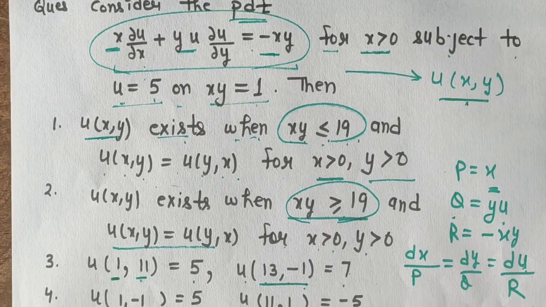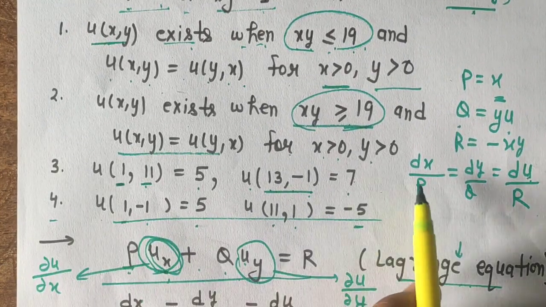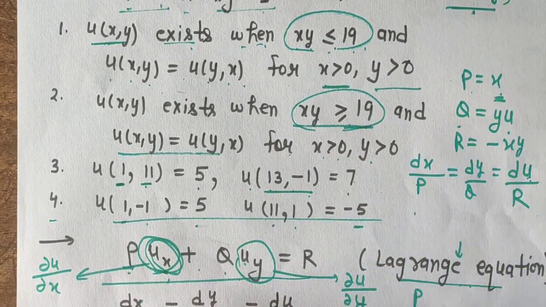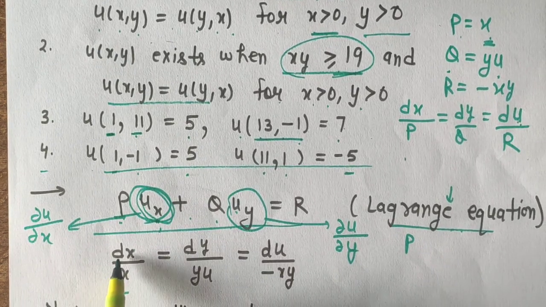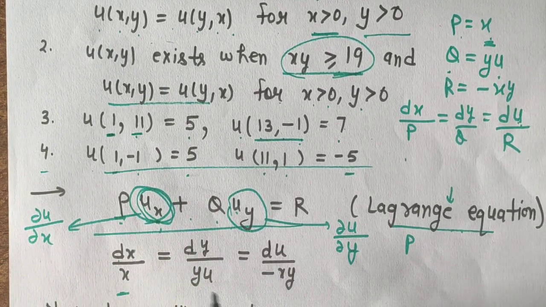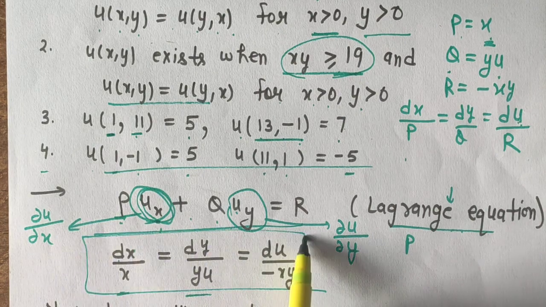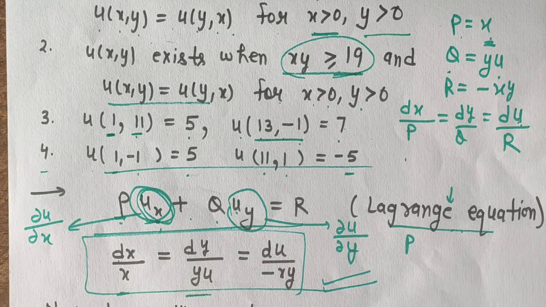So dx/p, the value of p is x, then the equation becomes dx/x = dy/(yu) = du/(-xy). We can solve by taking any two of the factors and calculate the value of u(x,y).